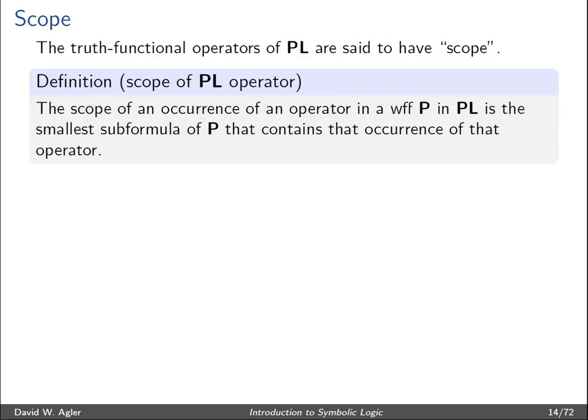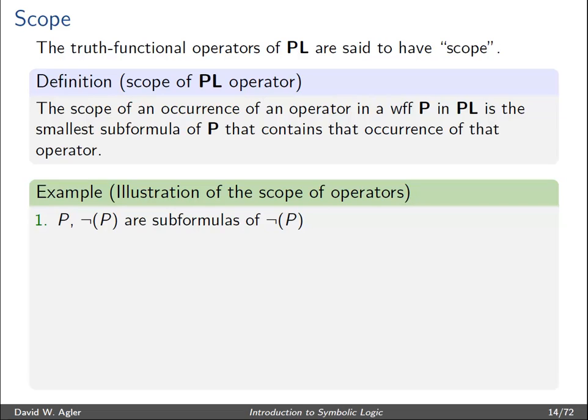Next, I'd like to talk a little bit about the scope of occurrences of operators. So the scope of an occurrence of an operator in a well-formed formula, let's say it's P in the language of propositional logic, is the smallest subformula of P that will contain that occurrence of that operator. So some examples are helpful to understand this.